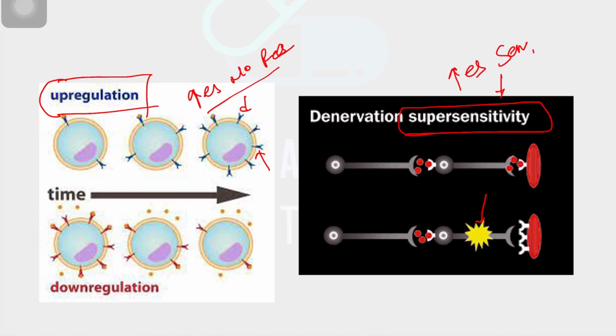In this case the receptor becomes more sensitive, and if any agonist gets exposed to it, it produces an exaggerated response. An example of it is clonidine withdrawal. Clonidine is a drug used as an antihypertensive agent, and we'll see in ANS that when a patient taking clonidine suddenly stops, the blood pressure shoots up and the response is exaggerated.